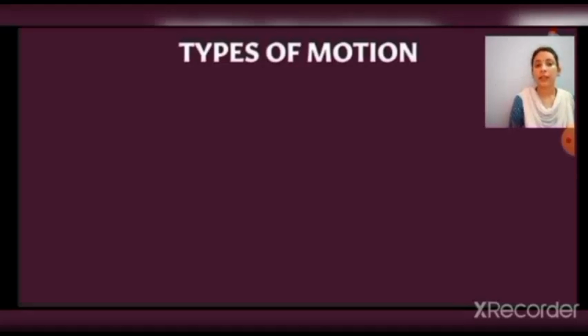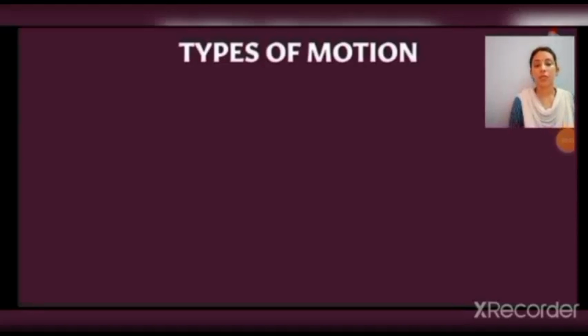You must have seen a flying butterfly, movement of an ant, movement of a football in the football ground, movement of a cricket ball in the cricket ground. All the objects are showing different kinds of motion, isn't it? So in today's video, we will learn about the different types of motion.